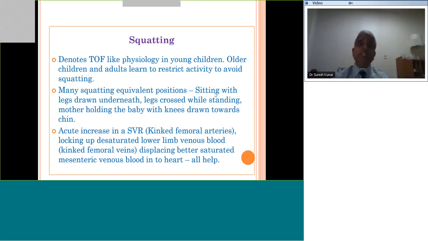So even though there is a right to left shunt, what is shunting right to left now is a better saturated blood. So all these factors, the abrupt increase in the systemic vascular resistance, the locking up of the really desaturated lower limb venous blood, the displacement of the mesenteric venous blood into the heart, all these contribute to relief of cyanosis, improvement of saturation, and hence relief from the squatting maneuver.